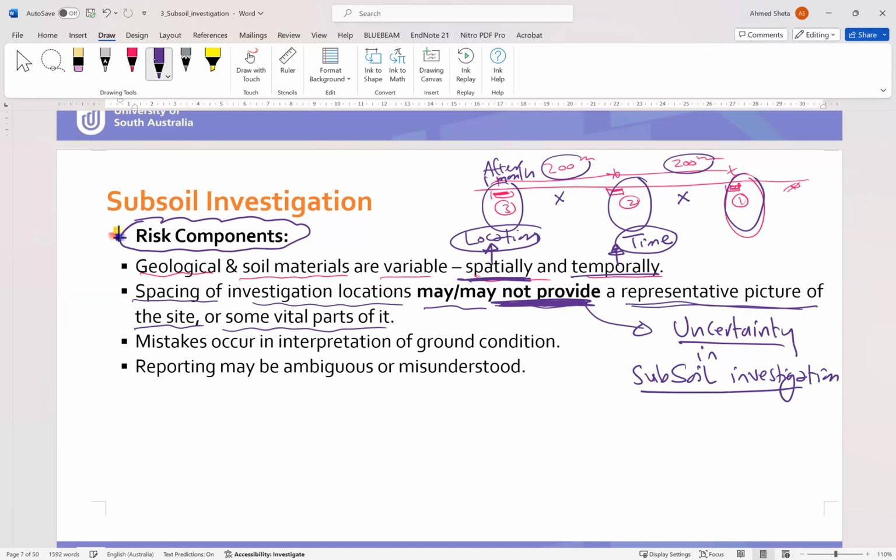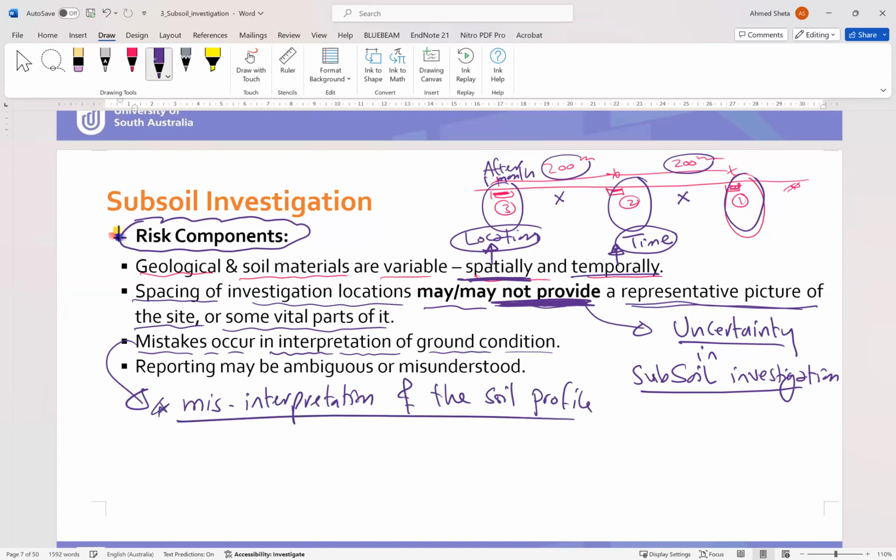Okay, we have another problem: mistakes occur due to misinterpretation of the ground condition. In some cases we have misinterpretation of the soil profile or the soil properties.